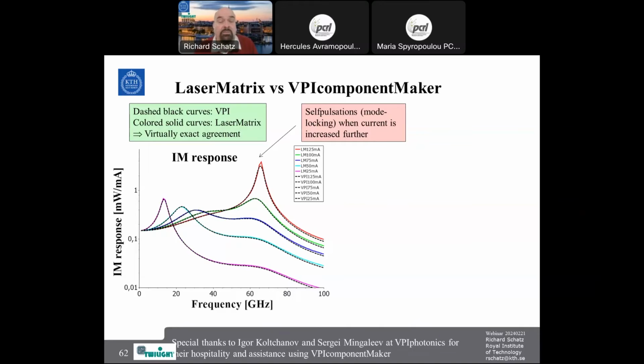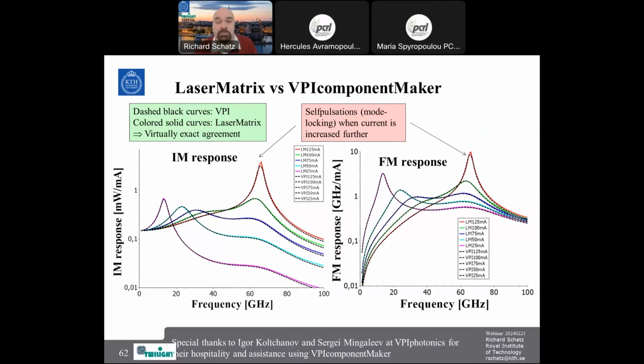VPI is a transmission-line wave model in time domain, whereas LaserMatrix is modally resolved. So you get perfect agreement even for complex structures that show photon-photon resonance if you have exactly the same structure in both programs. And here is also the FM response with chirp.